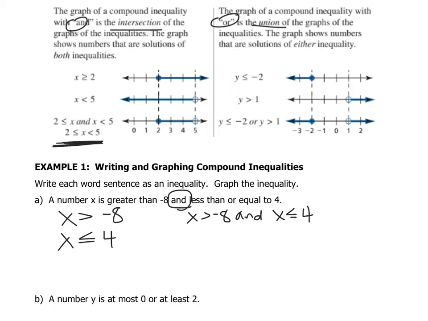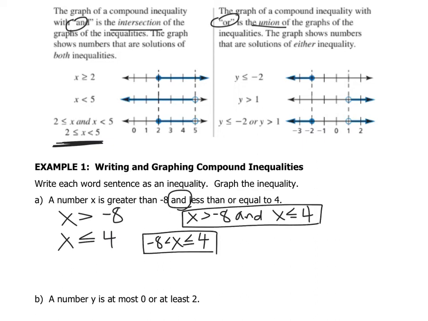The way that you do that is you put the smaller number first, so -8, and then -8 has to be less than, oh, not equal, just less than x. And x also has to be less than or equal to 4. So this is one way you could write it. This is the more advanced way to write it. I would encourage you to write it the more advanced way if you understand that. If you want to just write it separately, that's fine as well.